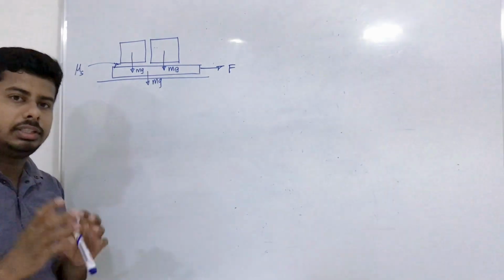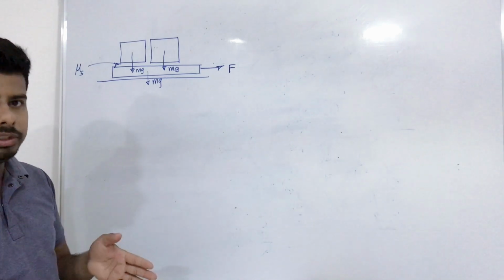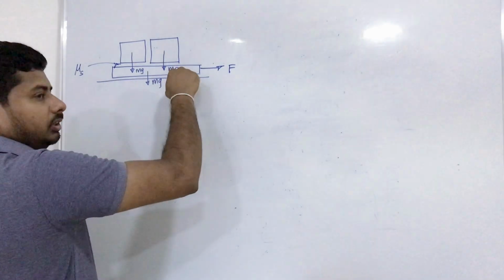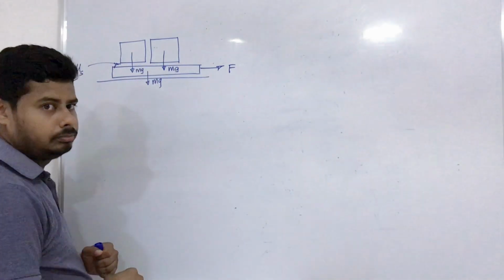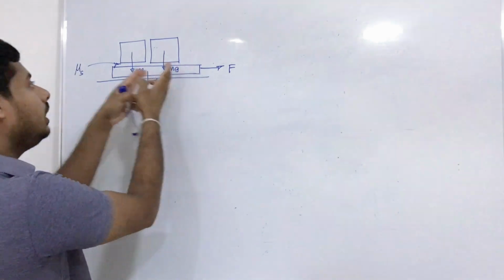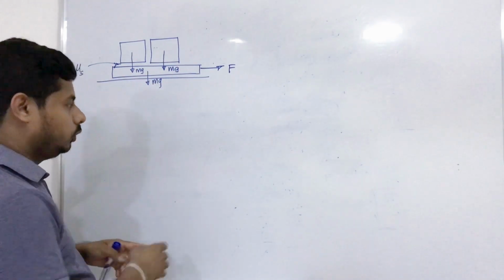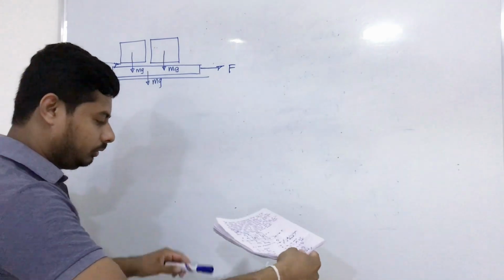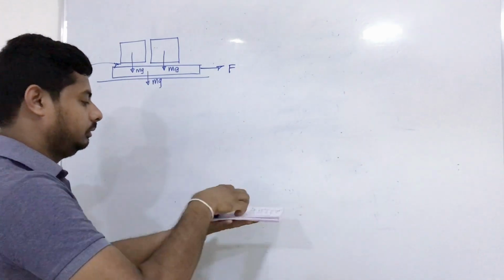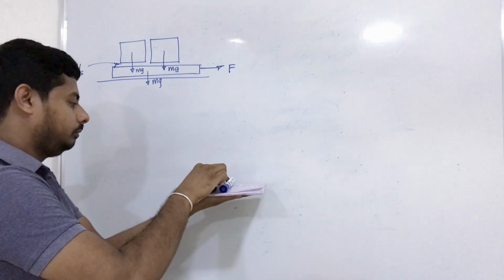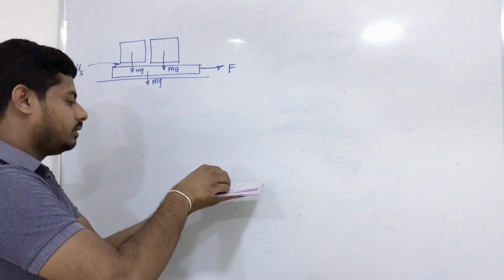Just imagine a practical situation, what will happen. When you keep something and suddenly pull it, you have the experience that the objects will slide not to this side but to the other side. You can experience it. If I take this book and keep two objects here like this way, this is a similar situation.